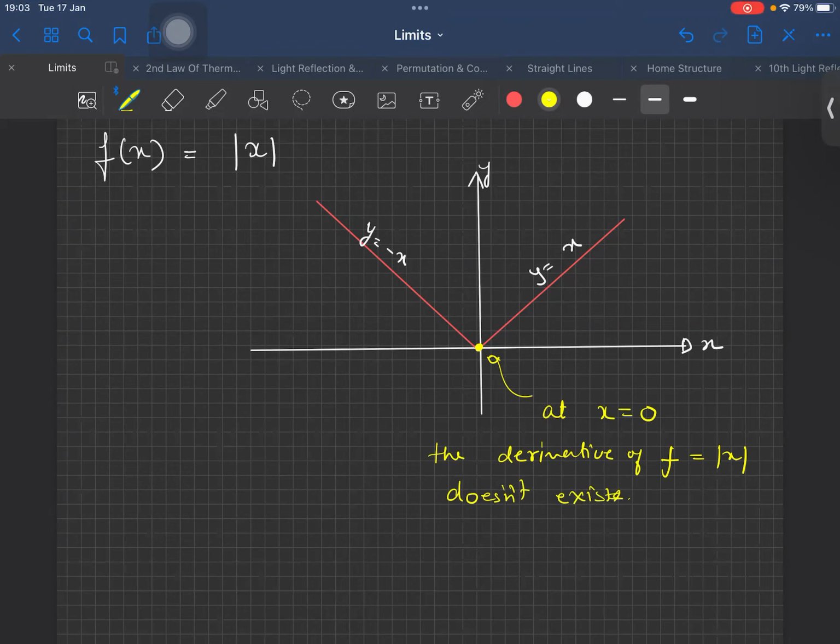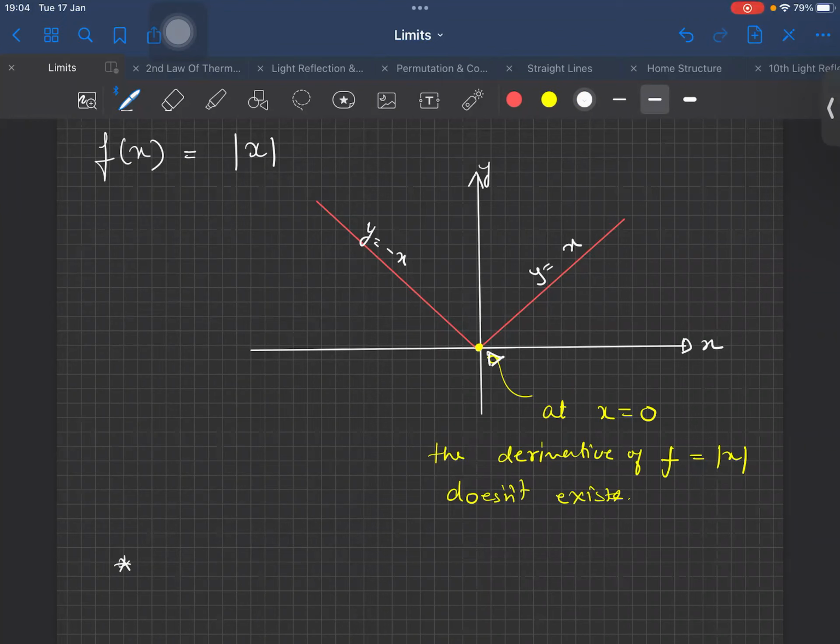So graphically, this is how we will find whether the derivative of a function exists or not. One more thing, I have told this multiple times, but for a reminder I'll write it again: for a function to be derivable, it must be continuous.